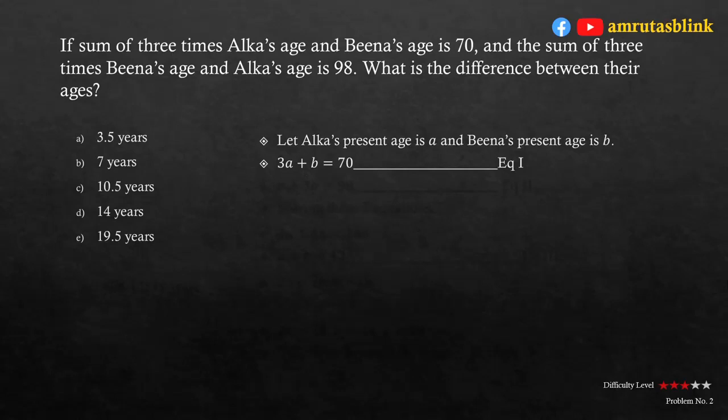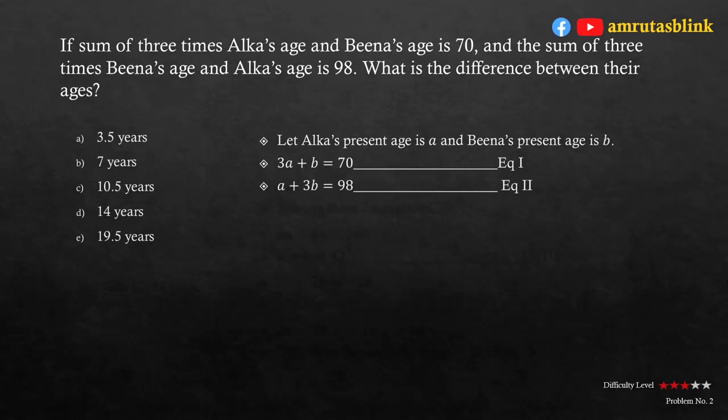So we have got the equation 3A plus B is equal to 70, and the second statement is the sum of 3 times of Bina's age, that is 3B, and Alka's age is as it is. Hence the second equation would be A plus 3B is equal to 98.